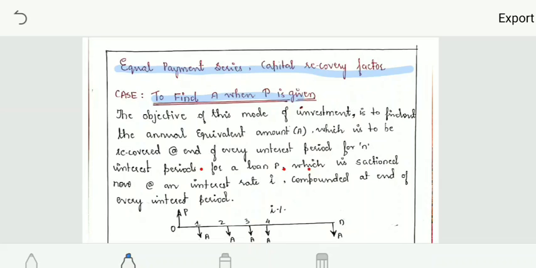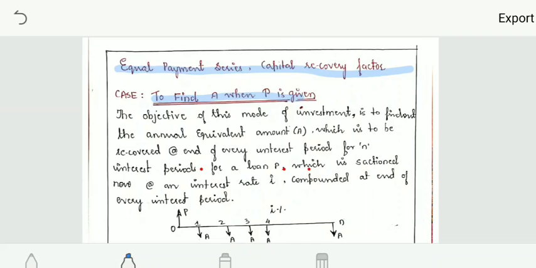So this is called as what? Capital recovery factor. When this factor is multiplied with the present worth, that is your present investment cost, it will give you equal year end payment or equal year end income for you.